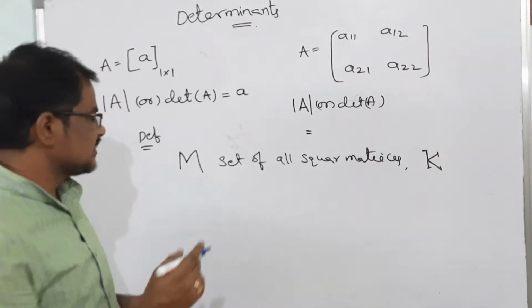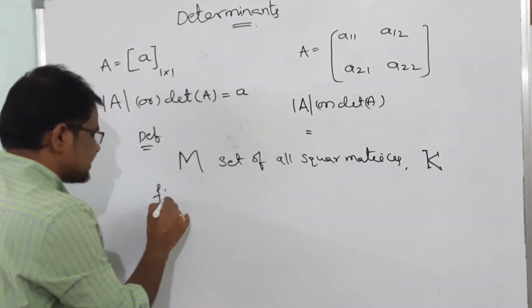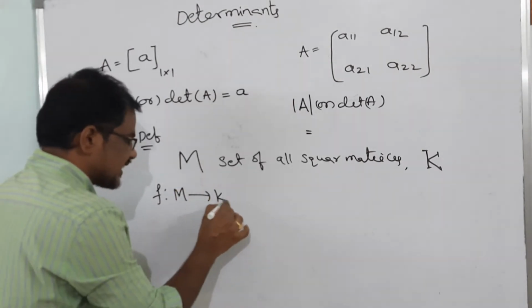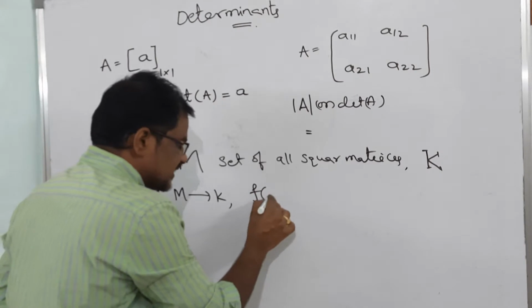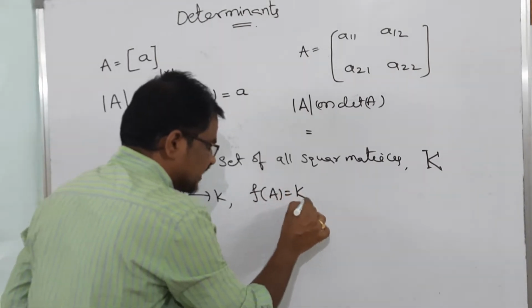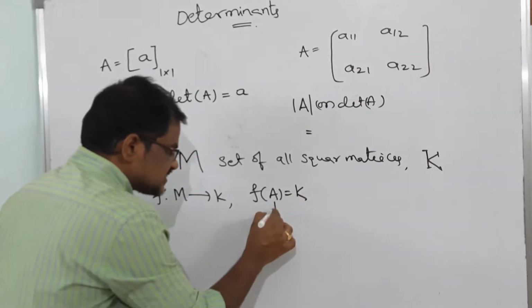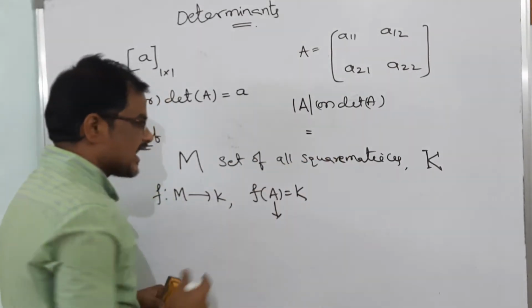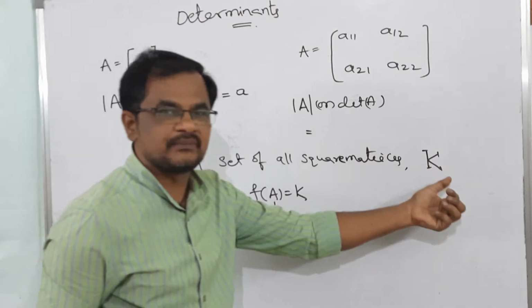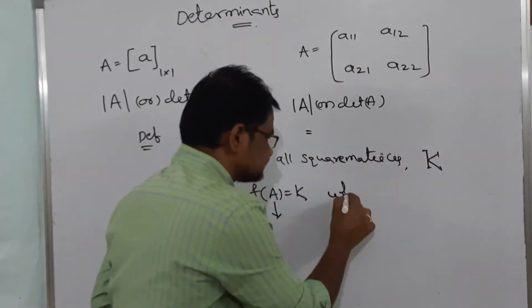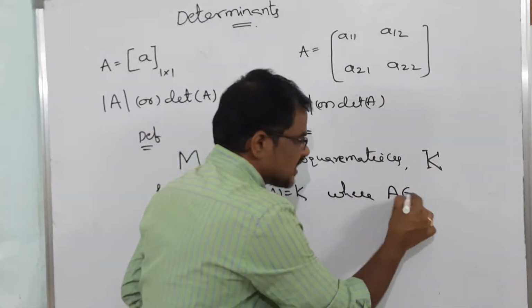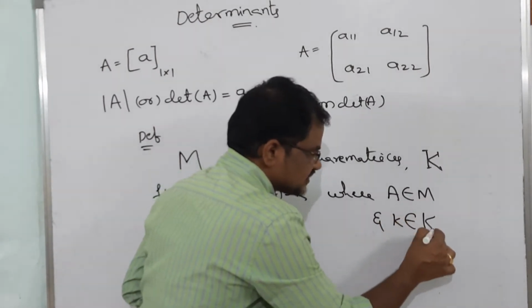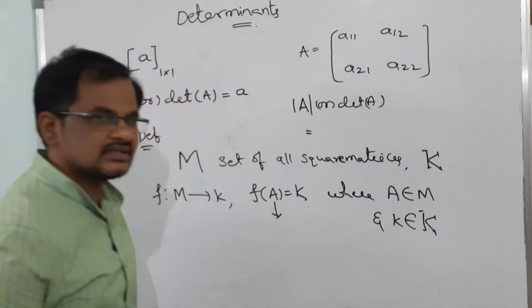A function f is a mapping from M to K, defined by f of A equal to k, where A belongs to capital M and this k belongs to capital K, right?